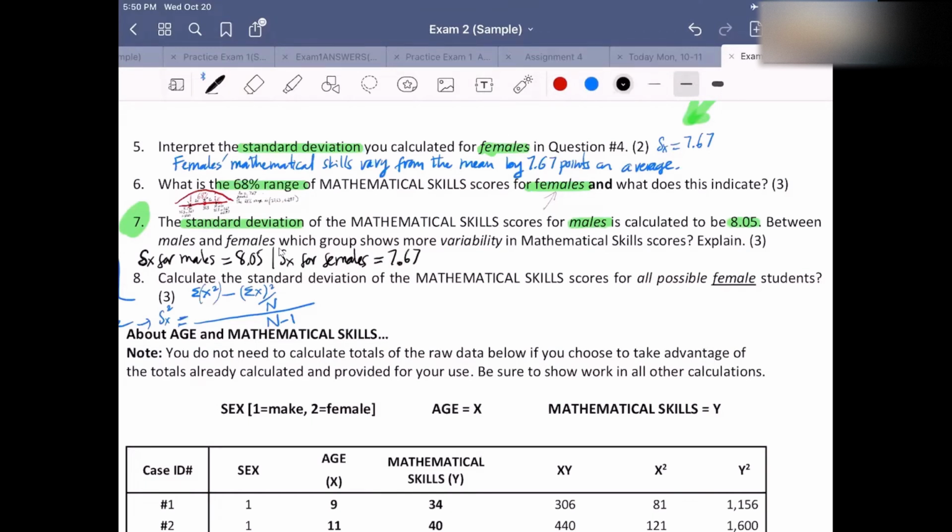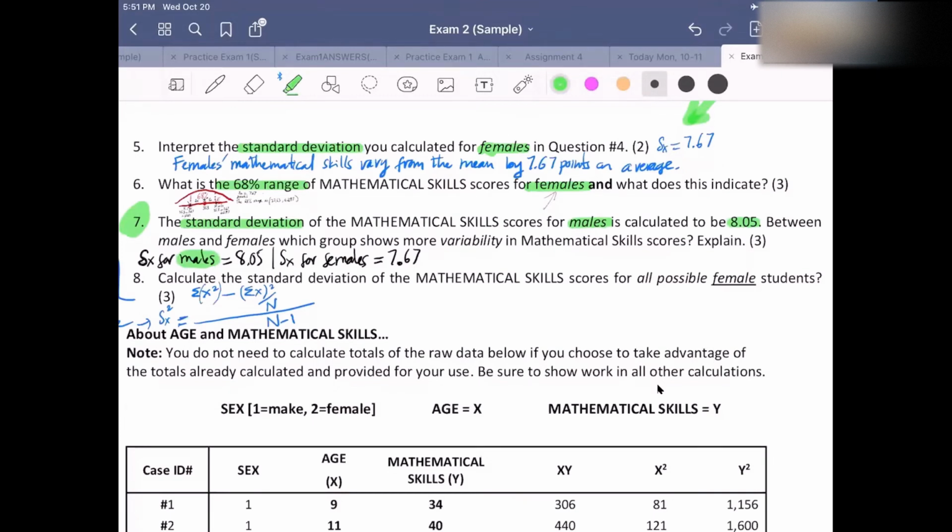So make sure that you write down the notation like that so that you can compare them. Got it? Whose standard deviation is larger? Males, right? If you look at the standard deviation for males is 8.05, but for females it's only 7.67.